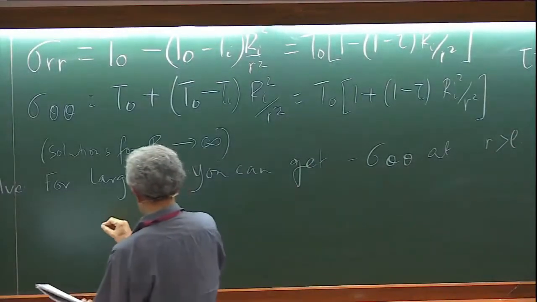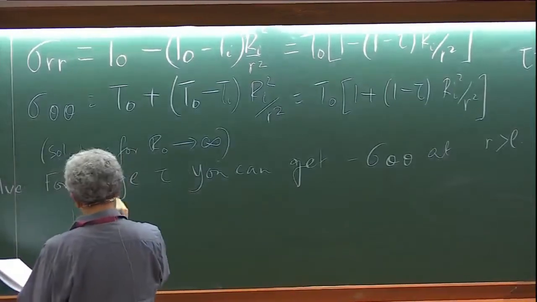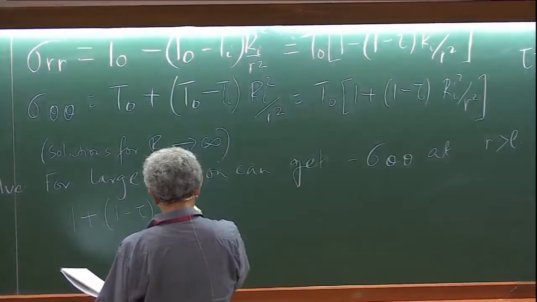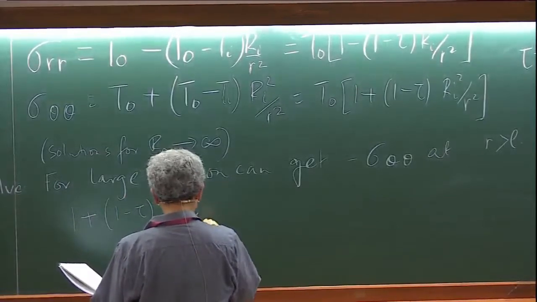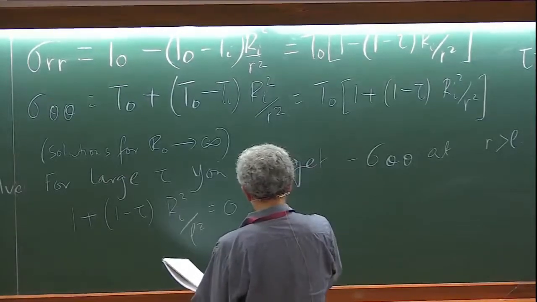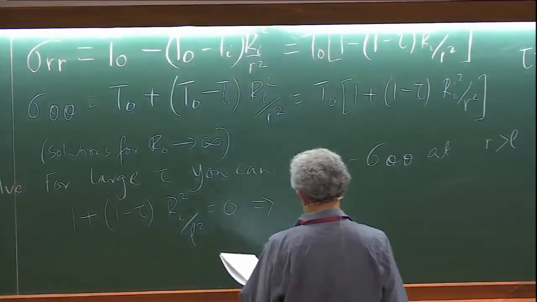So let's see what those values are. This is 1 plus (1 minus tau) r_i squared over L squared. I want to see when this thing shows up. And this gives you L squared.